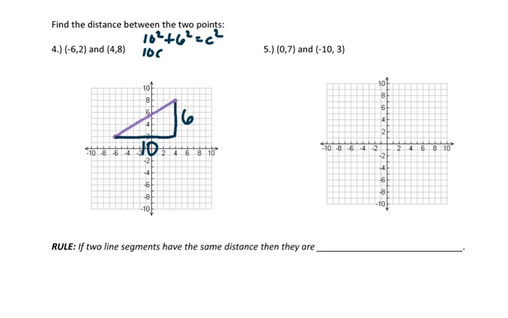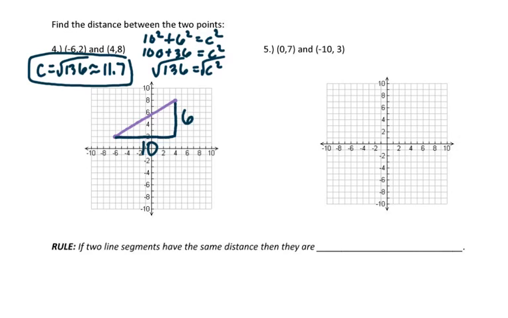So that's going to be 100 plus 36. So 136. Square root that, and it's not pretty. So again, exact would just be this, and then I can use my calculator to get an estimated answer of 11.66, which I'm going to round to 11.7. Bam.